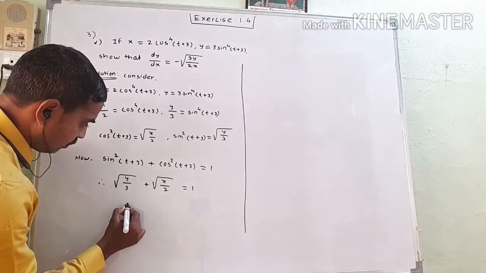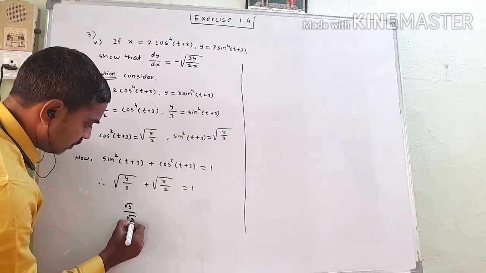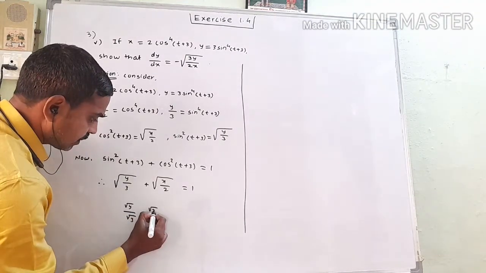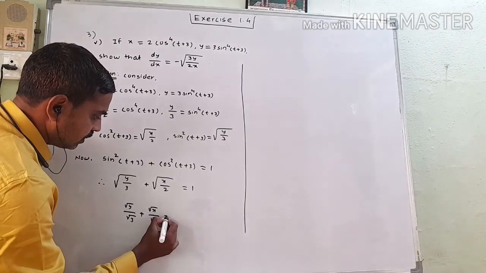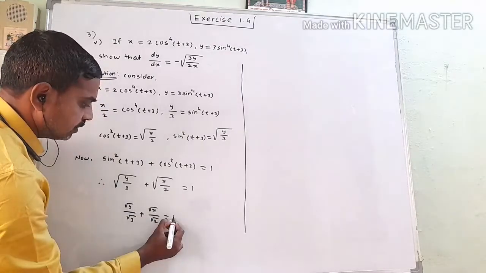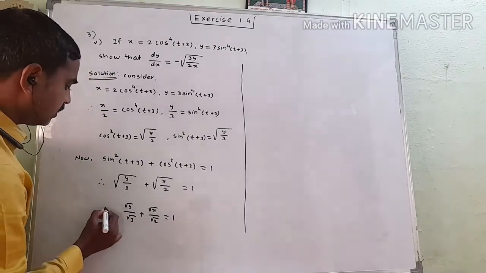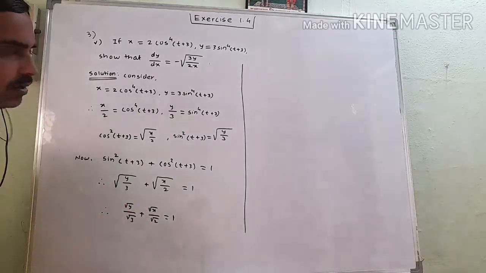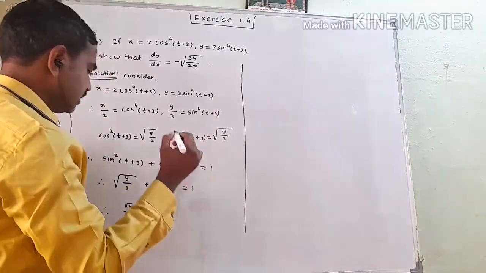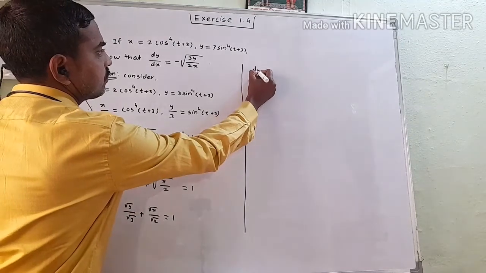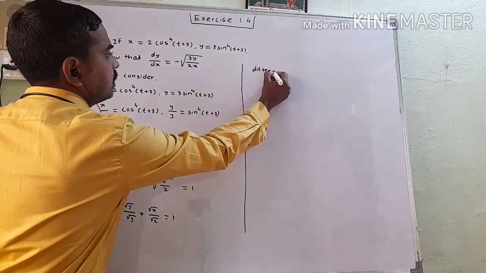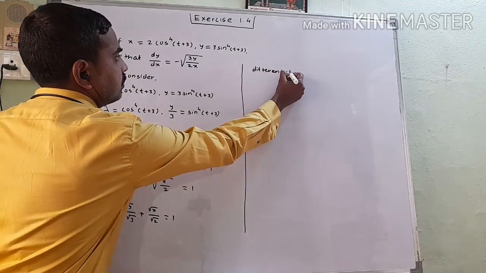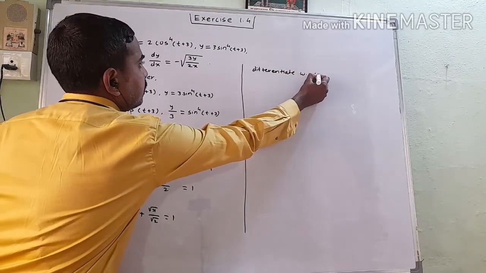Now we will simplify by separating the denominator so that you can easily differentiate it. This is, after elimination of t, the relation between x and y. Now we will differentiate this equation with respect to x.